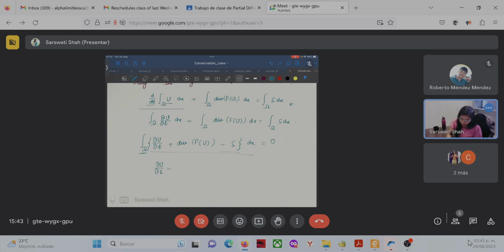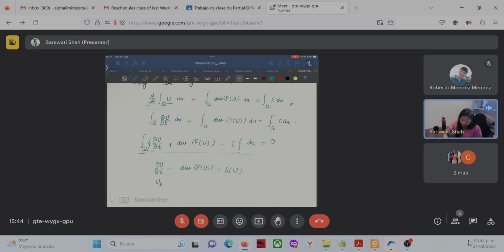Sorry, this is plus. Zero, or you can write it equals s. So this source is also a function of u. I am not mentioning it here because the quantity u that is destroyed or created inside omega is going to be a function of u.